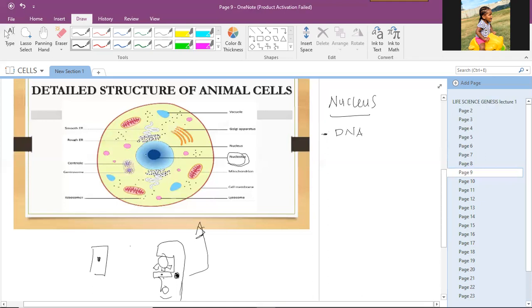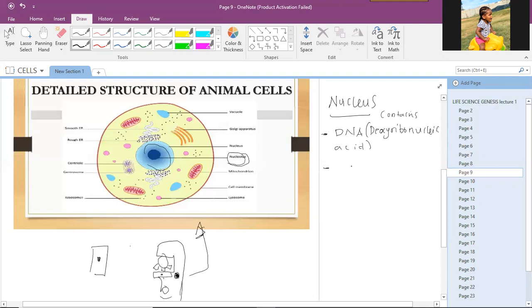This nucleus here contains DNA. DNA stands for deoxyribonucleic acid. So the function of the nucleus is that it contains DNA.